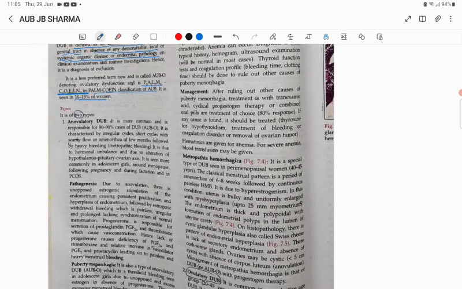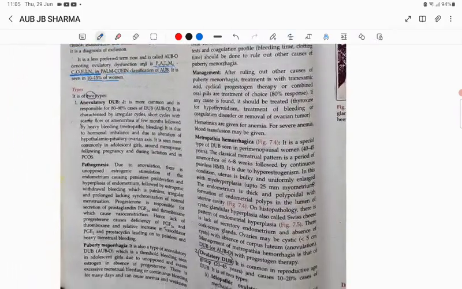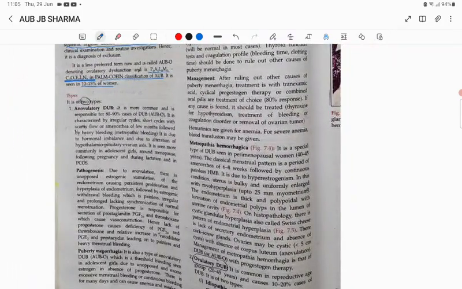Previously, it was classified as anovulatory DUB and ovulatory DUB. The first one, anovulatory, is more common and is responsible for 80 to 90% of cases.